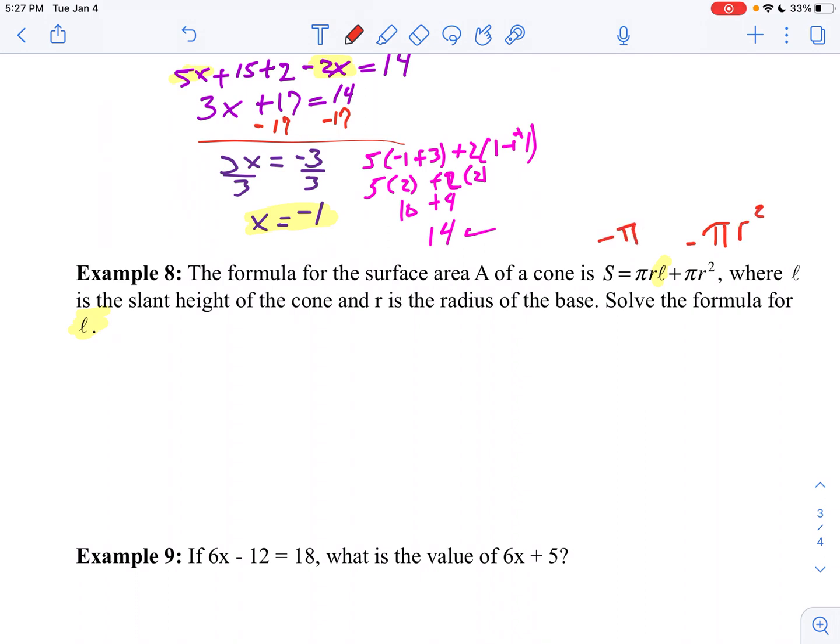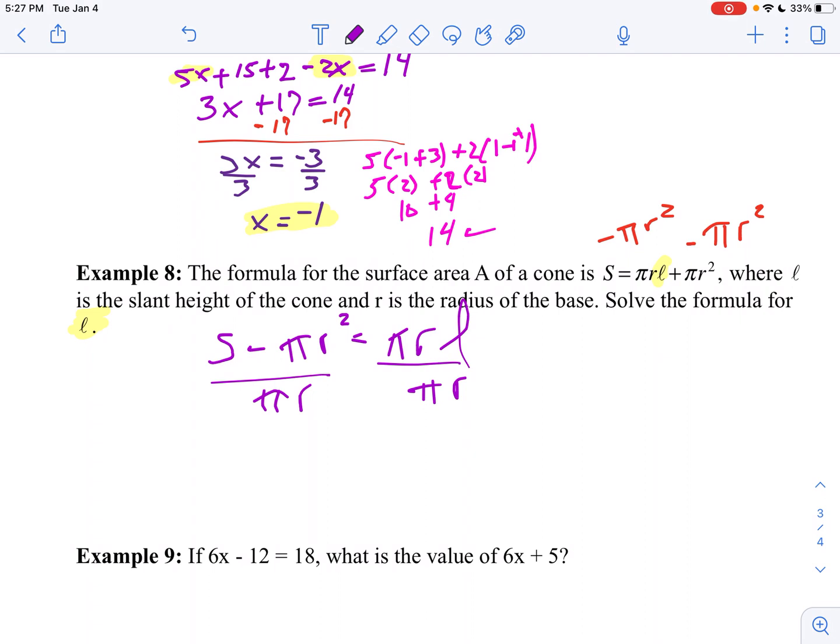Now, with variables, they're not like terms. So I'm not really going to combine. So I'm going to get S minus pi r squared equals pi r L. And then to get L by itself, I'm multiplying by pi and r, so I divide both sides by pi r.